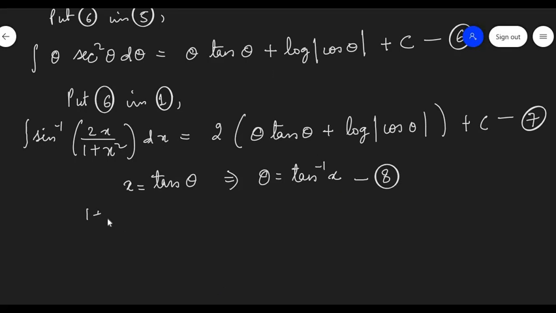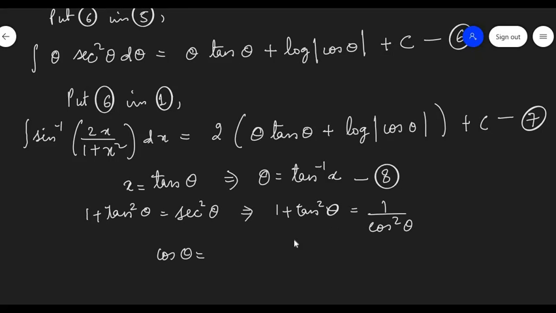We know that 1 plus tan square theta is sec square theta. So from here we will get 1 plus tan square theta as 1 upon cos square theta. And so from here we can calculate the value of cos theta.